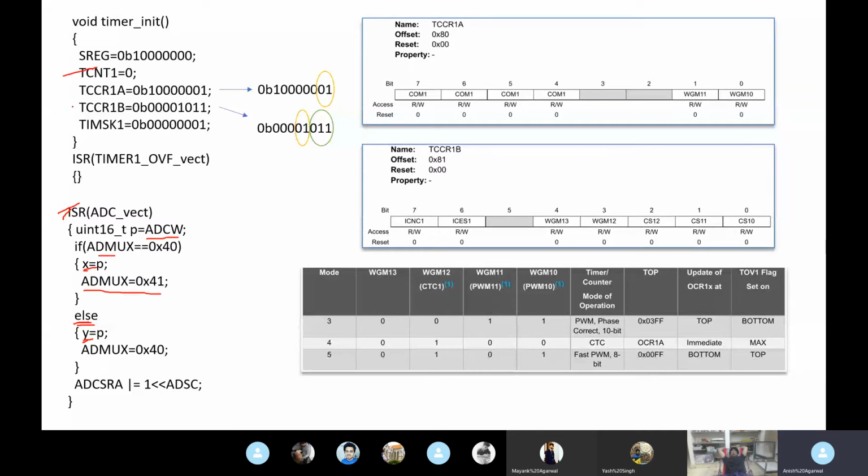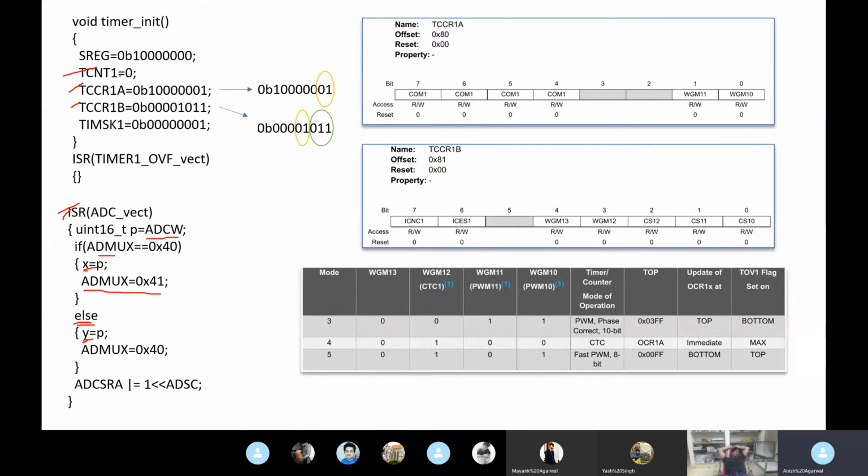Coming to TCCR1A and TCCR1B. For any PWM output, the nature of the output can be in many ways. It can be phase correct, fast PWM. It can be set on compare match, or clear on compare match.